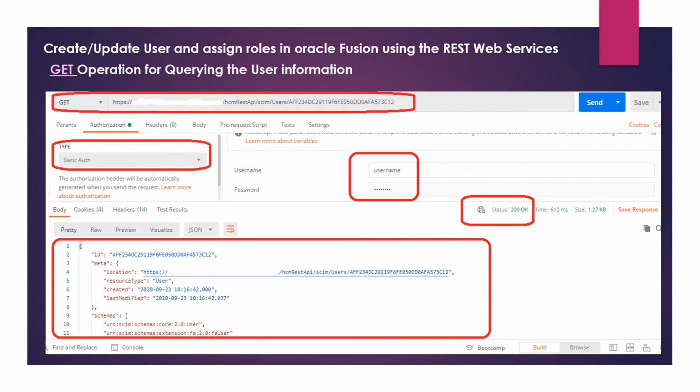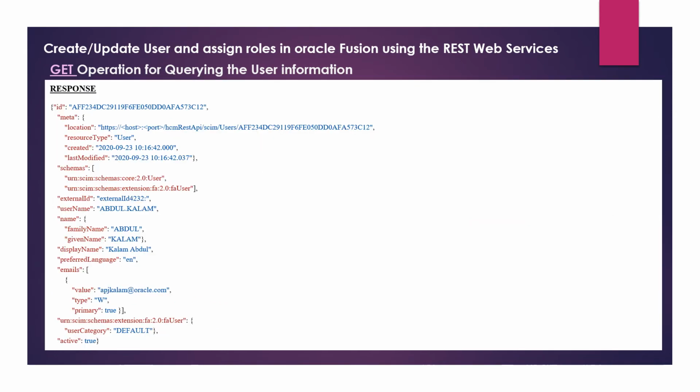You have to provide the authorization, the username and password, and once you click the Send button, it will provide you the response. In this header information, it is not required to provide the content type as application JSON. Now this is the response that we got while executing the GET operation. So this is all about using the GET method and retrieving the user information.